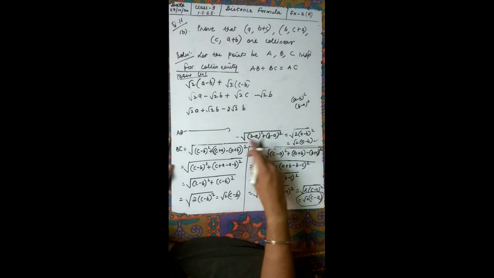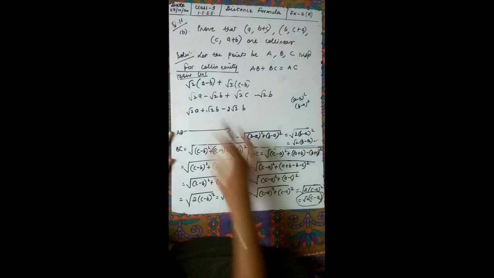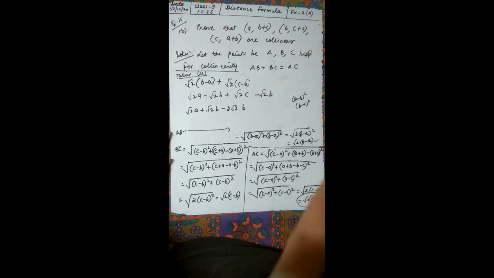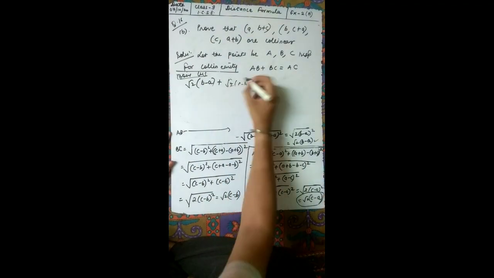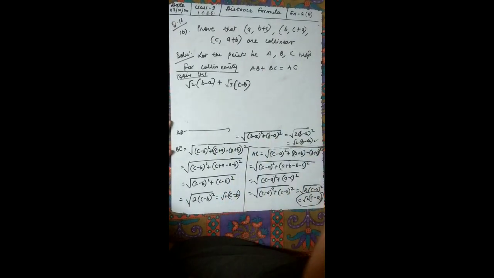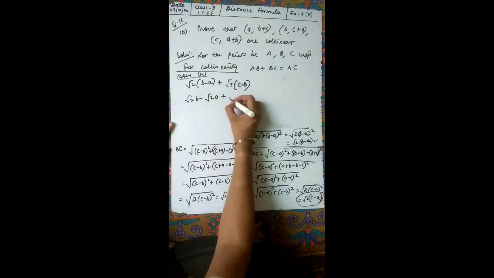So in place of a minus b and a minus b, we are writing b minus a and b minus a. So here the thing will be b minus a. Now let us check whether we are correct or not. See, this is the flaw; sometimes we have to check these things.